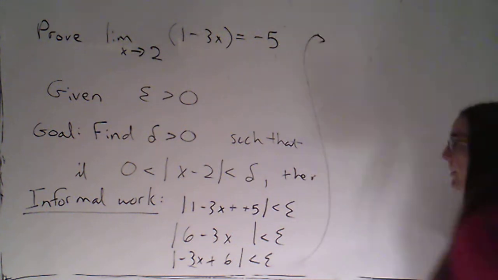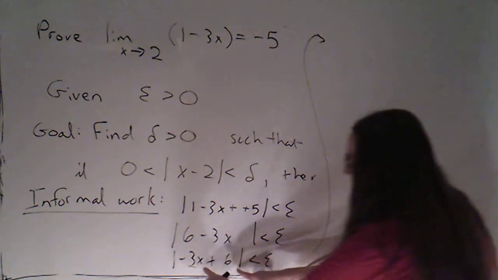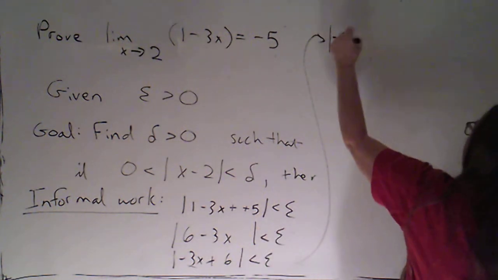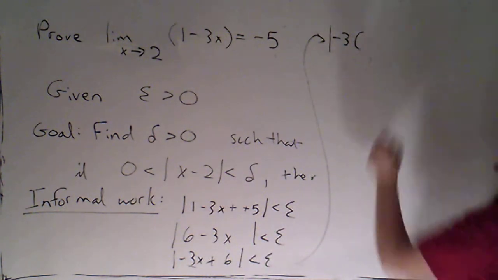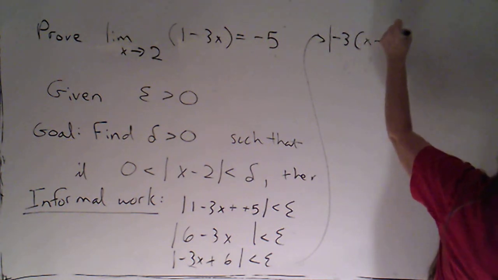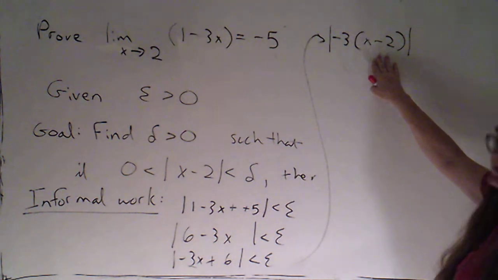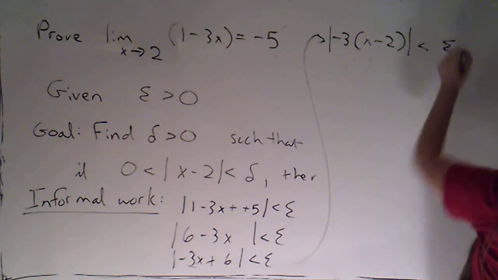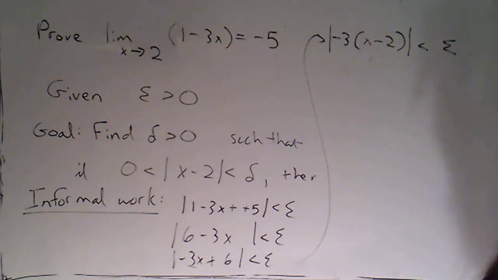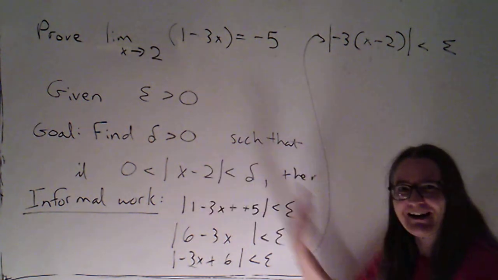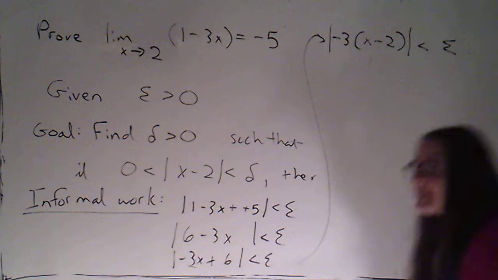So now we'll come up here. I'm going to just factor out a negative 3. Still inside the absolute values. So that becomes negative 3 times the quantity x minus 2 inside the absolute values is less than epsilon. I'm kind of liking this because I'm seeing an x minus 2, and I know that's sort of what I'm hoping to get to.